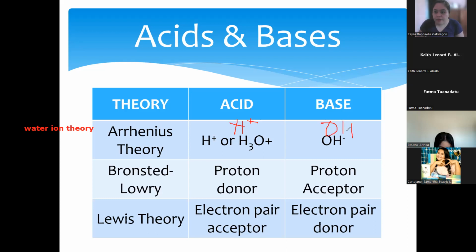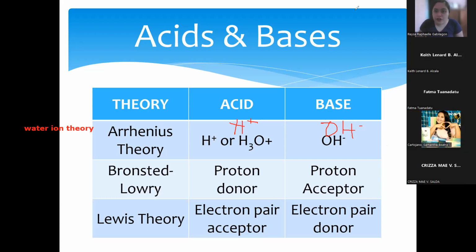Pero pag merong OH or hydroxide, automatic base daw yon. Kaya tinawag siyang water-ion theory. Water-ion kasi pag i-combine mo ito, class, HOH, you will have the water, H2O. Okay?